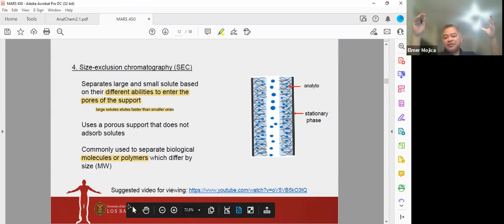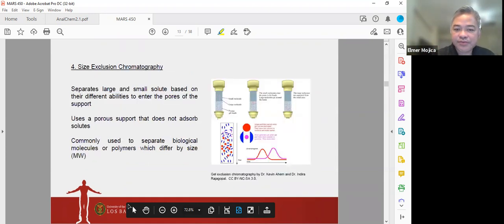So when you separate them, the higher molecular weight substances elute faster compared to the smaller ones. Okay, so here you separate the large and small solutes based on their different abilities to enter the pores of the support.